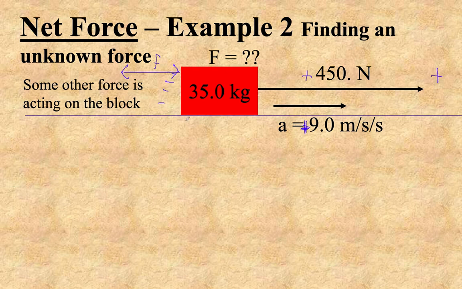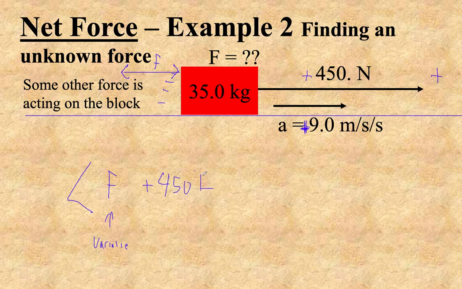So our first step is to draw arrows for the forces. We've done that. Now we're going to set up F equals ma. I'm just going to say that whatever that force is, it's just a variable F. And then I'm going to say plus 450, and the plus is because this is to the right. If it were to the left, I'd make it negative.